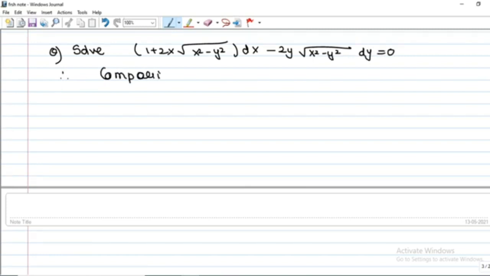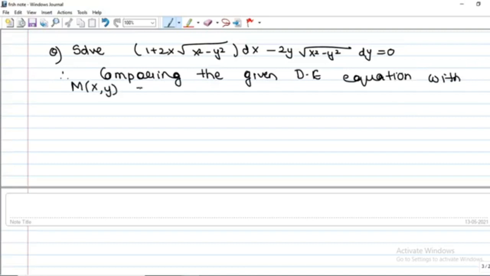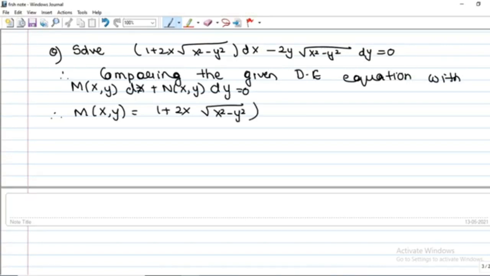Therefore, comparing the given differential equation with M of x comma y dx plus N of x comma y dy equal to 0, this is our M of x comma y and this is our N of x comma y.